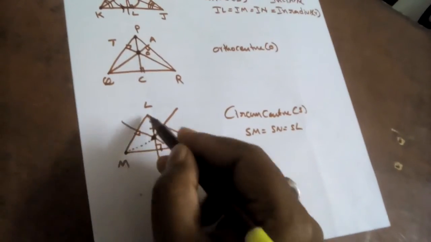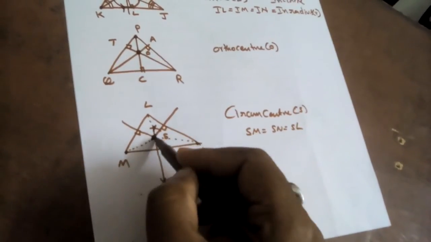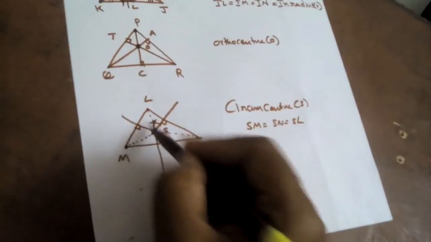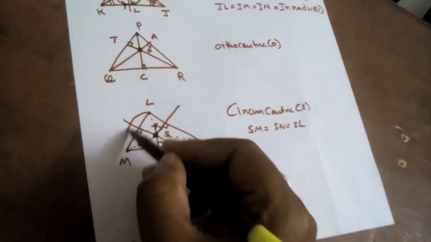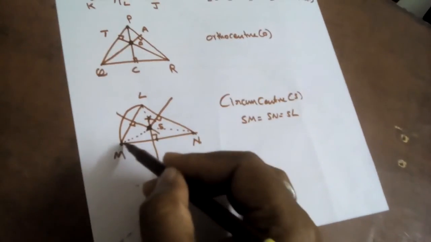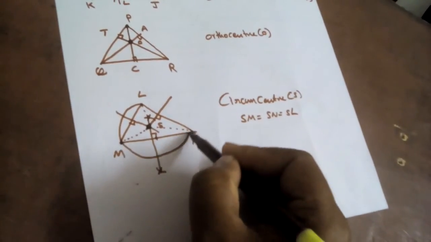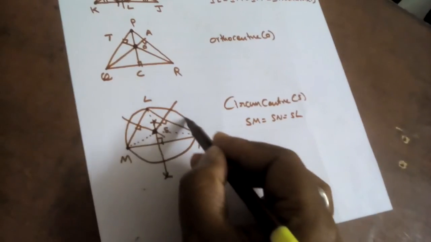Now with the help of this phenomenon we can take S as center and by taking these lengths as radius we can draw a circle. This circle passes through all the three vertices, so that we will get a circle like this.